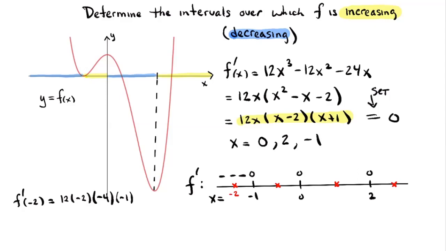And I'm just trying to give you a hint that you don't really have to evaluate f prime. Like here, if I take a number, say between -1 and 0, I don't want to plug a half into this thing or -1/2 and do a bunch of arithmetic. I don't really care about the value. I just care about its sign. So here's how I'm thinking about this. If you take a number that's between -1 and 0, well, since 12 is always positive, I'm just going to look at the three variable factors.